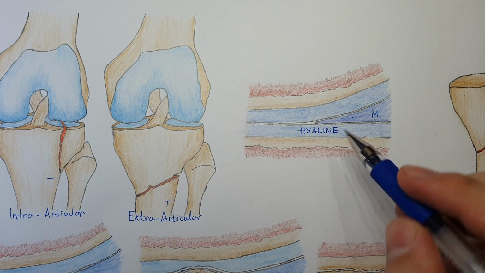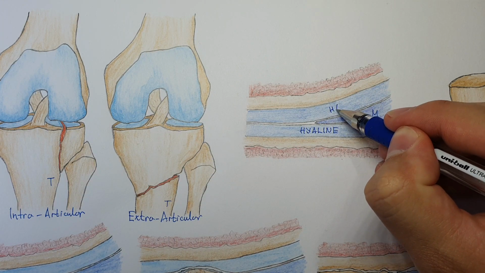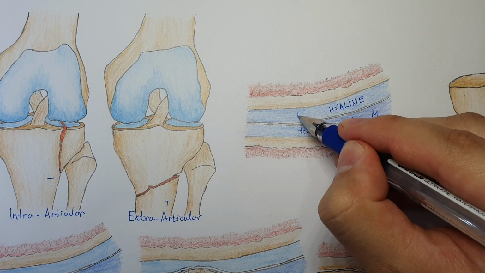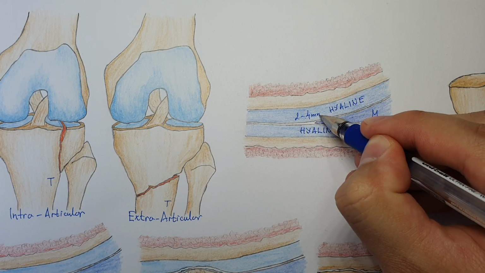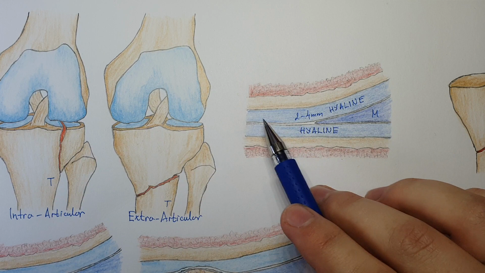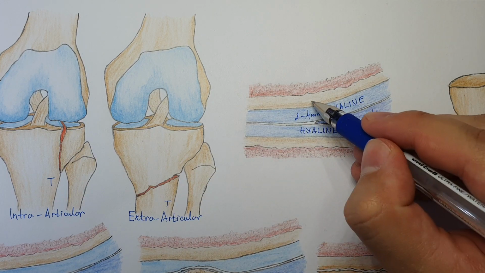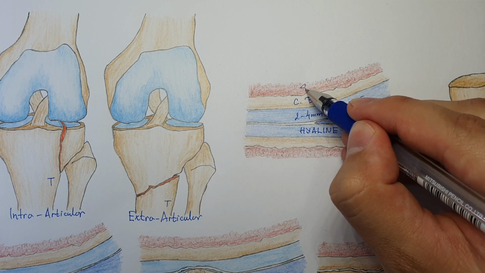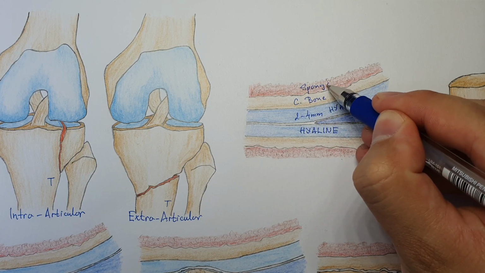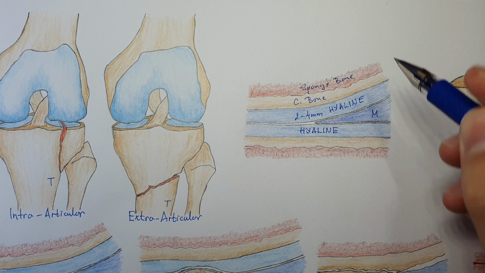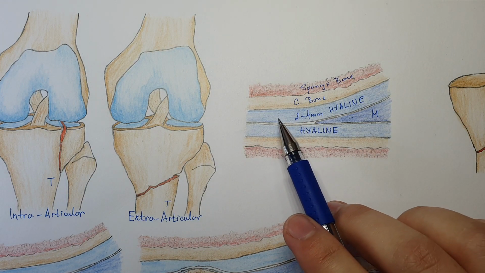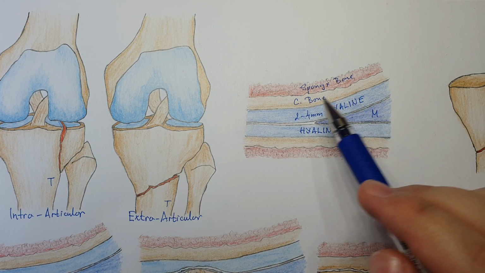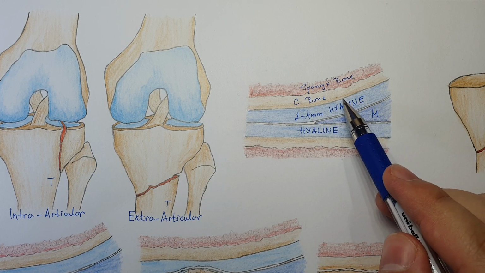So this hyaline cartilage is about 2 to 4 millimeters thick, and it is lining this smooth surface of bone. So this would be compact bone, and this would be spongy bone. The hyaline cartilage is a thick, shock-absorbing cartilage adhering to this smooth side of the bone.